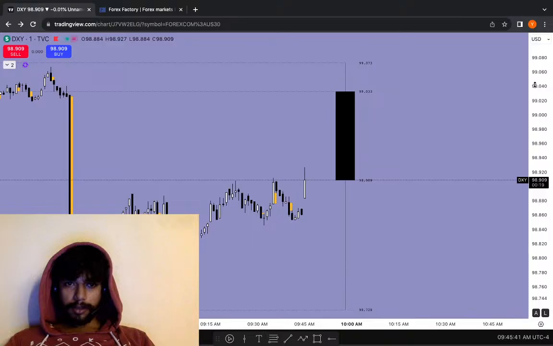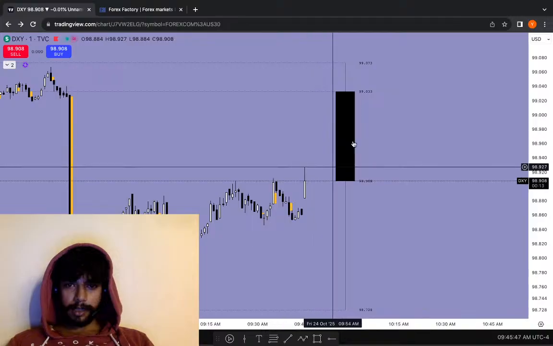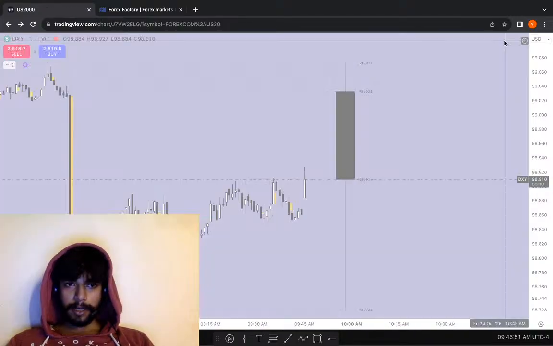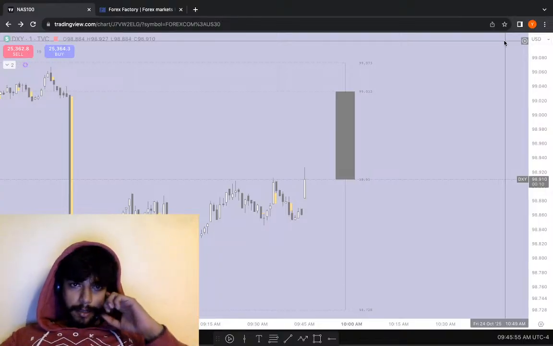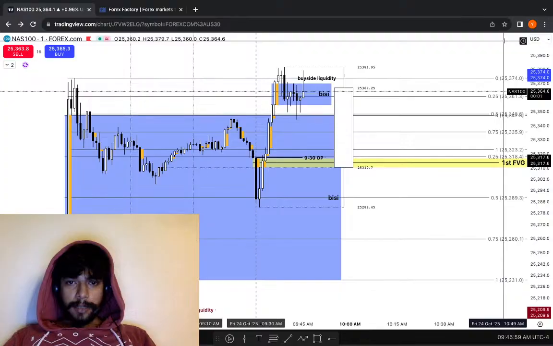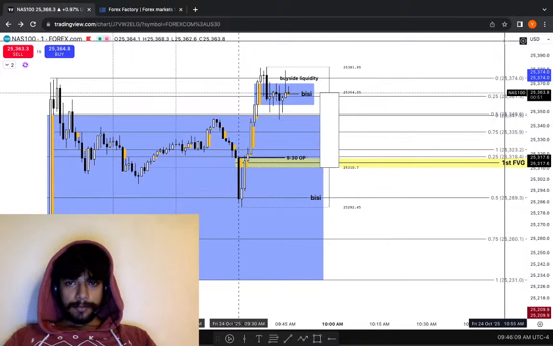Okay, dollar also bumped higher. So dollar, as we expected at around 9:30, should slowly and steadily start to move higher, but the way I was anticipating it to move lower, that did not happen, and yet it played out the way I was looking for it to.